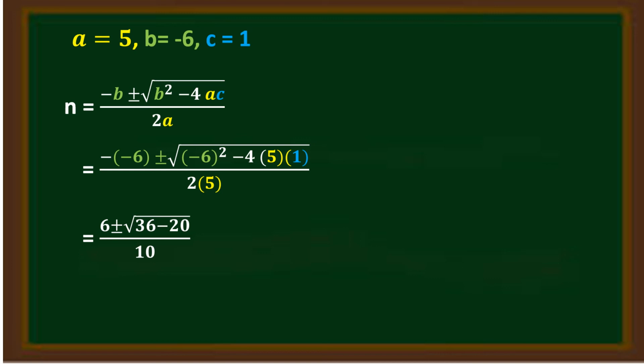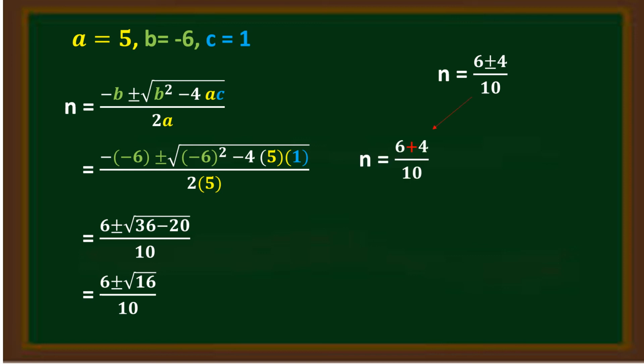Simplifying the radicand, 36 minus 20 is 16. 16 is a perfect square number, so we can get its square root, which is positive 4. We now have the value of n, which is equal to 6 plus or minus 4 all over 10. For the first value of n, we have 6 plus 4 all over 10.